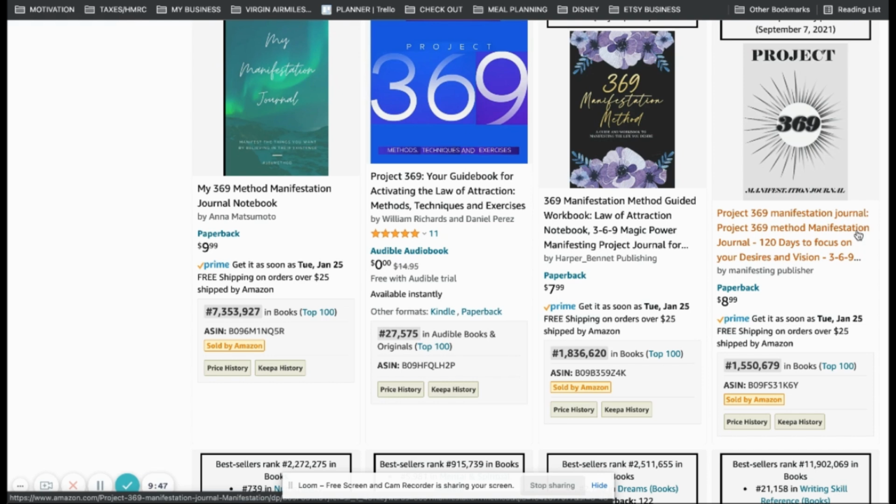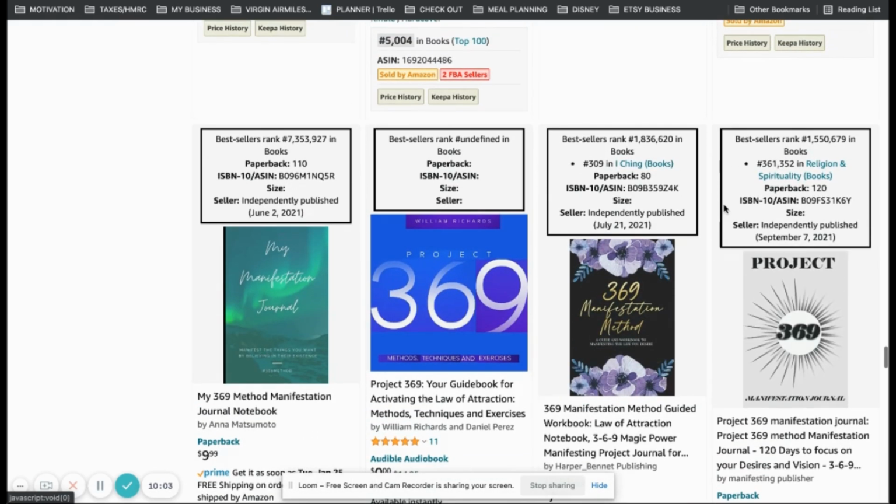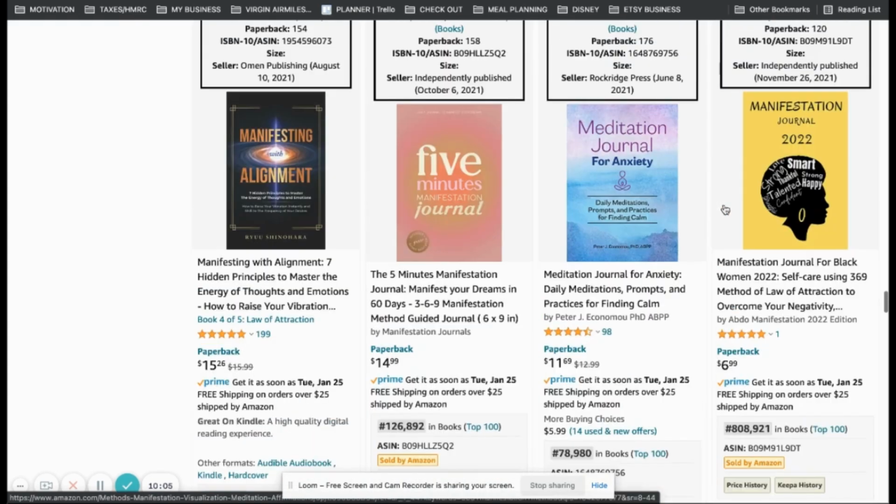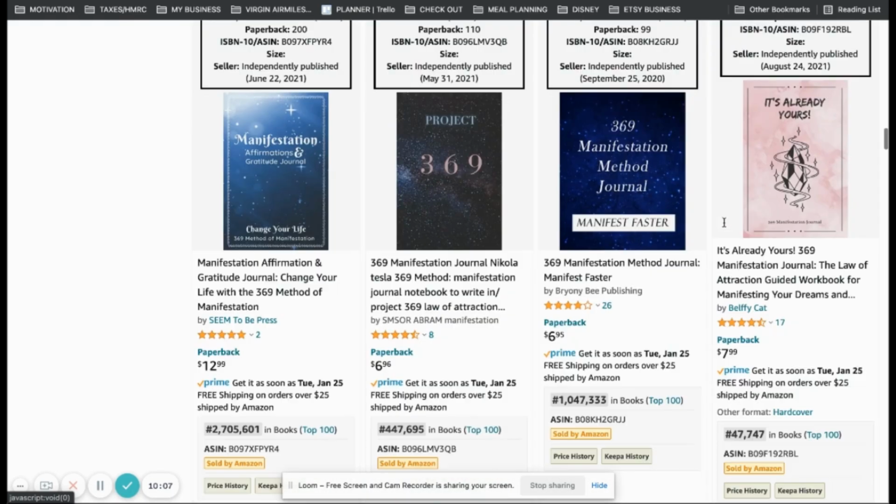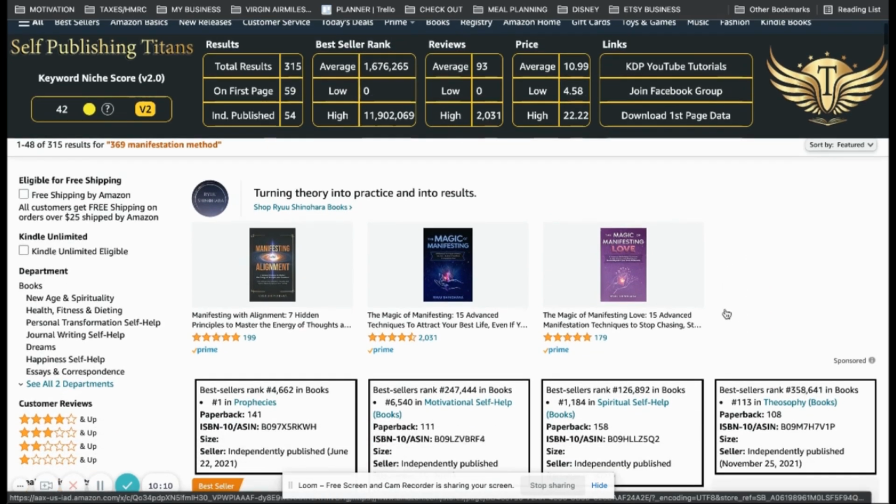So you can see how when you're using a variety of keywords, especially the lower competition, long tail keywords, when you rank for those, that's how you get those initial sales before you start ranking for the more competitive terms that many other traditionally published authors are also targeting. Okay, so I think we've seen this. There's quite a lot of stuff there.